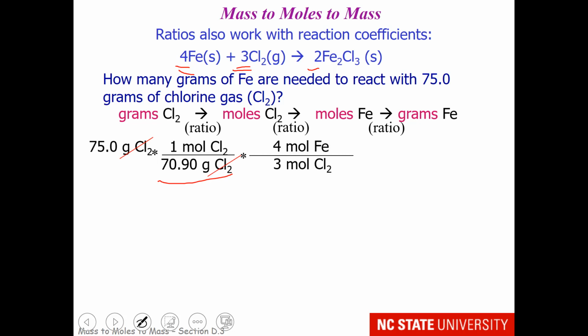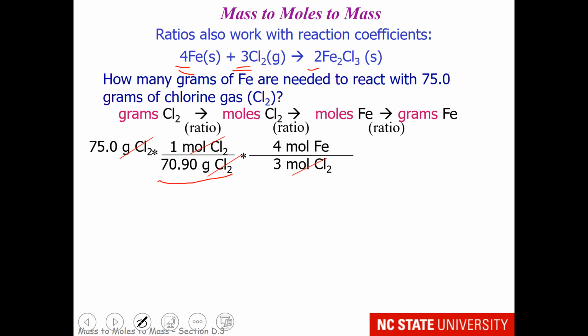And now I'm going to make sure that when I use this stoichiometric ratio, that I put the iron on top and the chlorine on the bottom. This allows the units to cancel out. And I wouldn't want to put 3 moles of iron on top of 4 moles of chlorine. That is not the true ratio from the reaction. The 4 goes with the iron, the 3 goes with the chlorine.